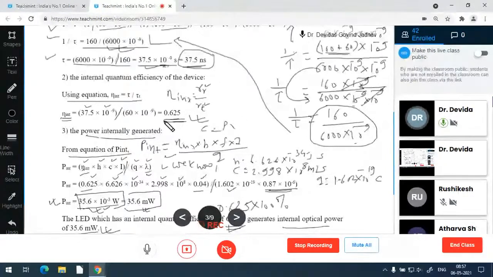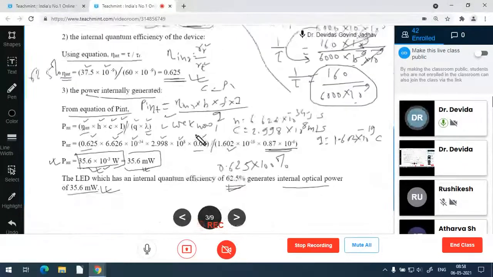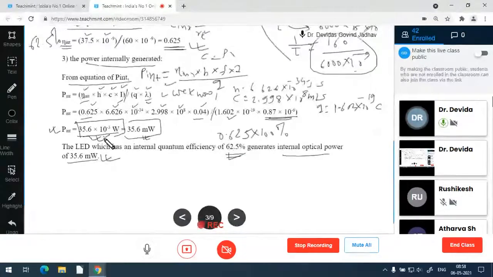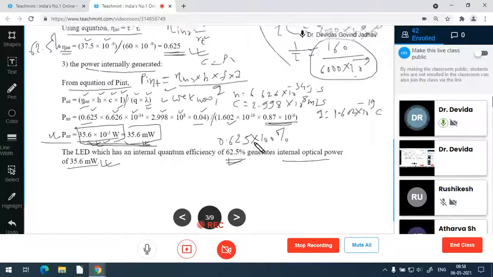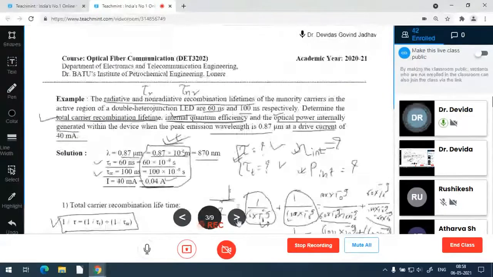Then eta internal is 0.625, or 62.5%. And P internal is 35.6 into 10 raised to minus 3 watt, or 35.6 milliwatt. So these are the three answers we have calculated.